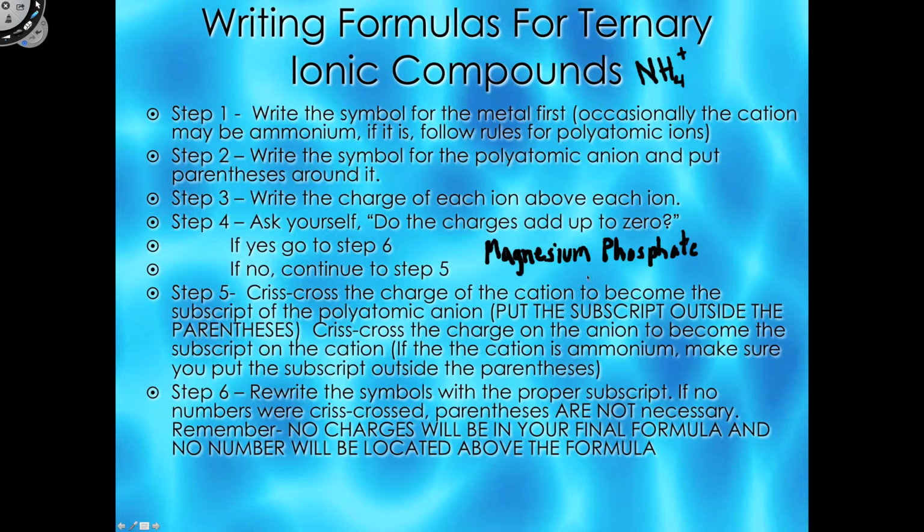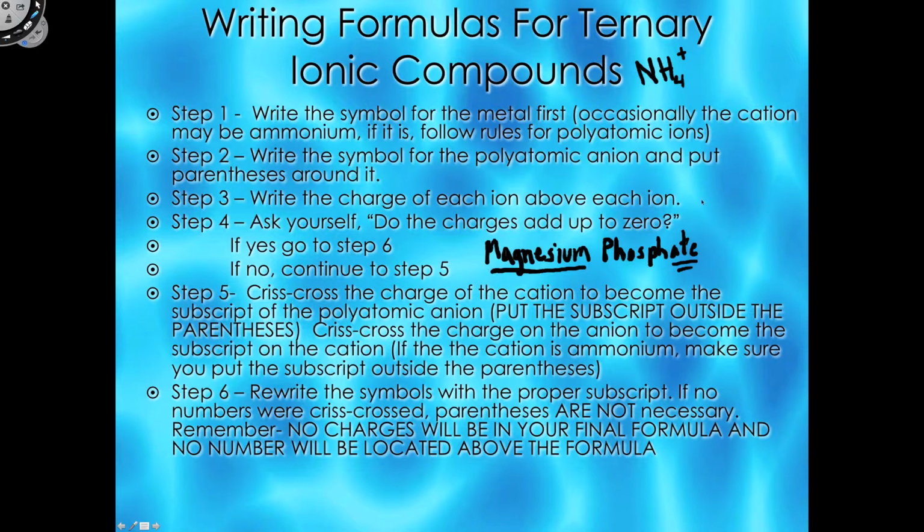Well, I would know it's ternary because magnesium is a single element, and an ATE, that's one of our polyatomic ions, which we know has to have at least 2 elements. So that's at least 2 here, and 1 here, that's 3 right there. So that's how I know it's ternary. How do I know it's ionic? Because magnesium is a metal. It's an alkaline earth metal.